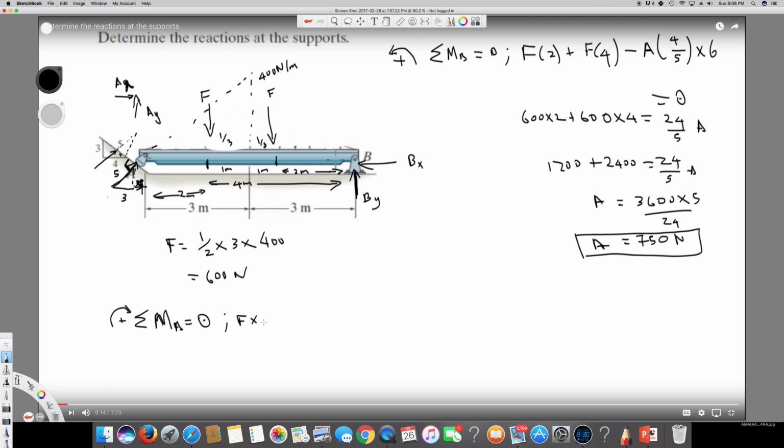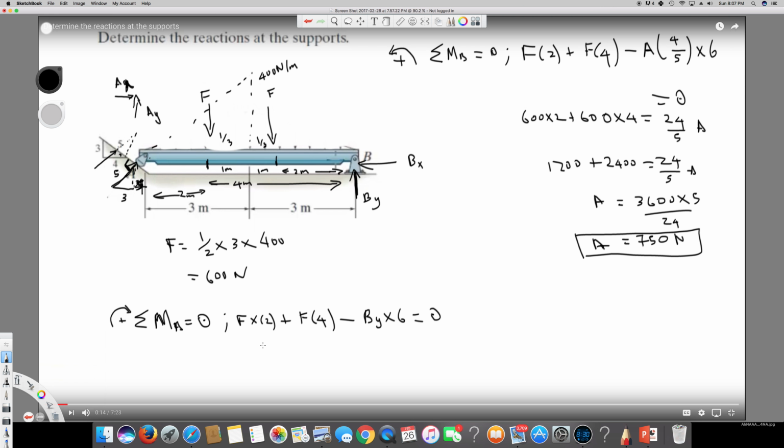So F times 2 plus the other one also clockwise, F times 4. And if you see By, it's pushing this object upside, so it's going to be counterclockwise. Therefore it's negative right here. It's going to be By times 6 is equal to 0.